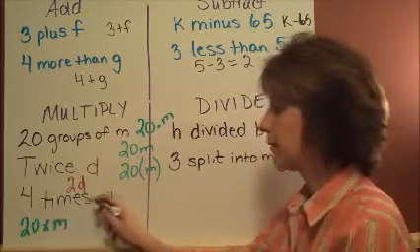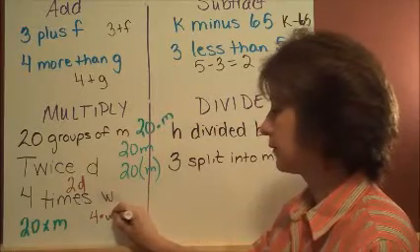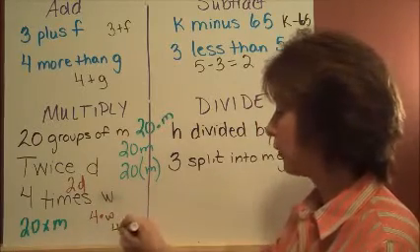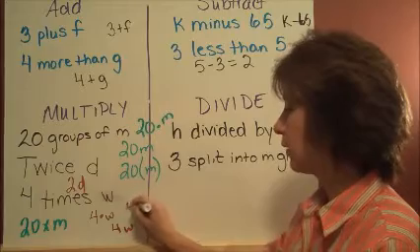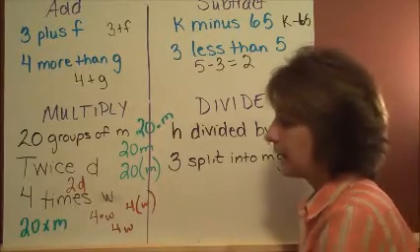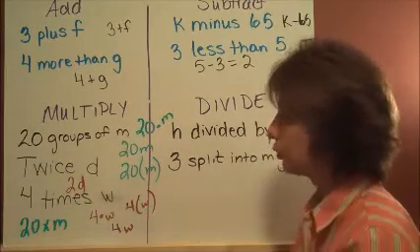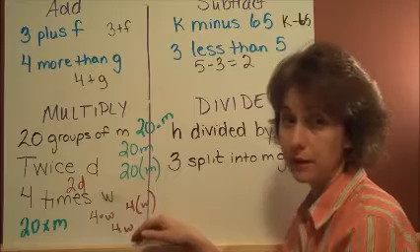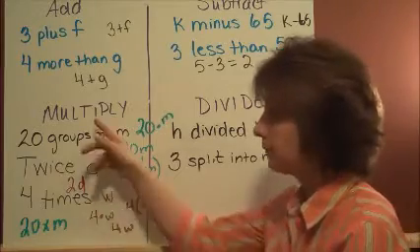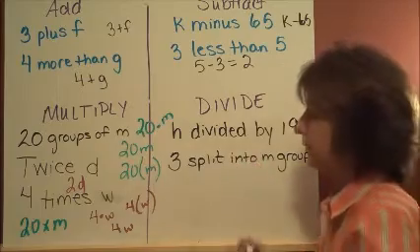4 times w would be 4 times w, or 4w, or 4 times w. Anytime you have a multiplication problem, it can be written any of those ways. It's important to know that because you'll see all of these different ways and you'll need to know that it means multiply. And then finally, divide.